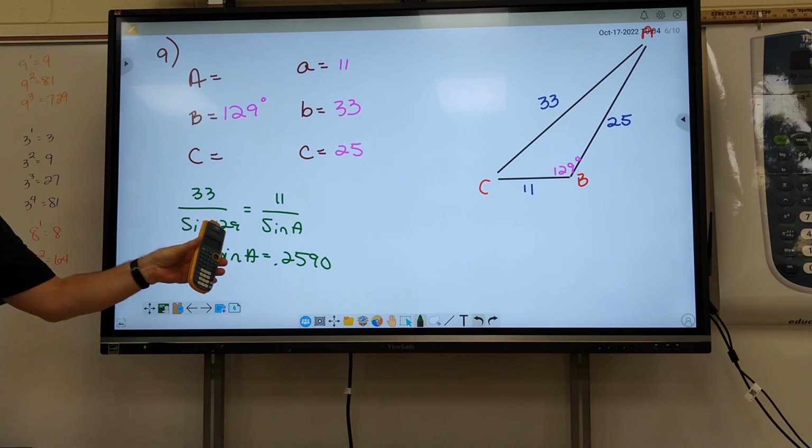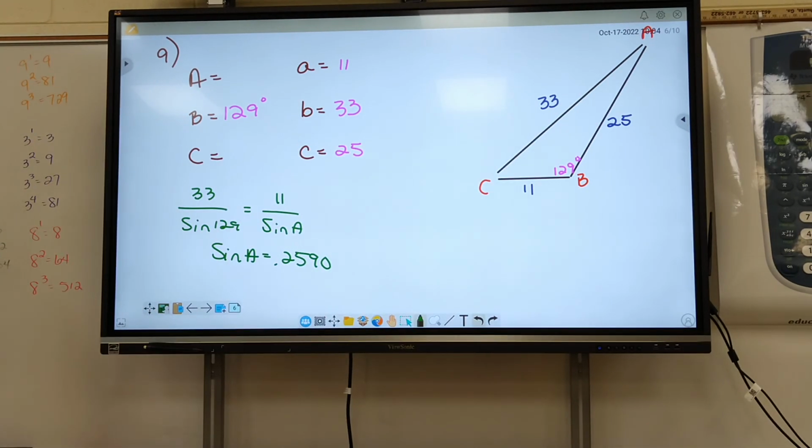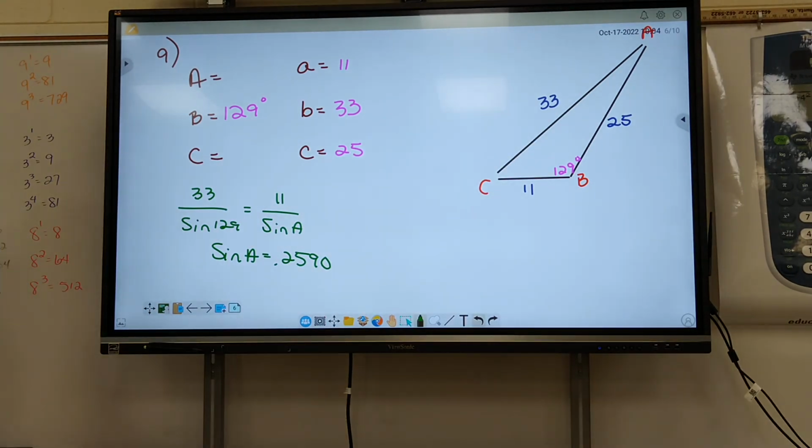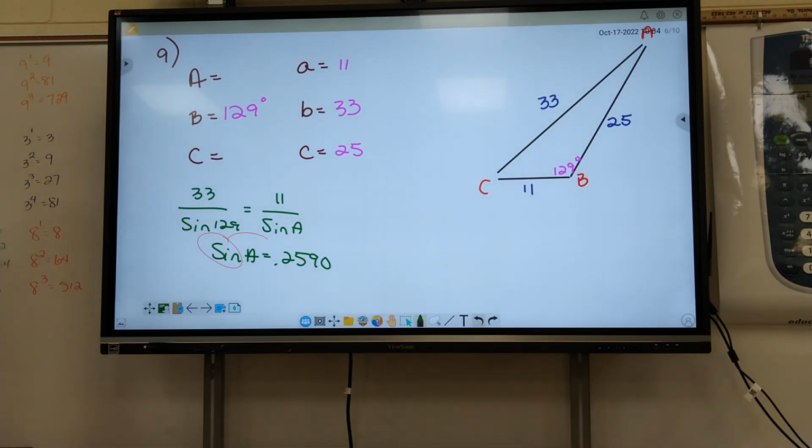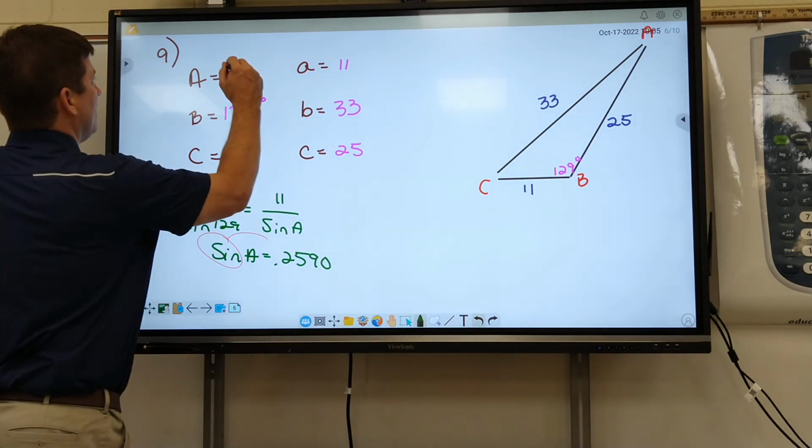Now, what's the extra step on the calculator I have to do? I have to move the sine over, so I have to do sine -1 of 0.2590. I got 15 degrees. It's really 15 degrees 1 minute if we round it, but let's just write 15 degrees. We're good with that.